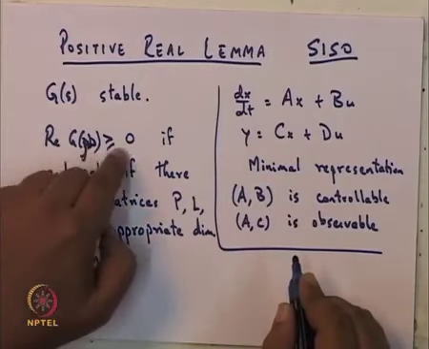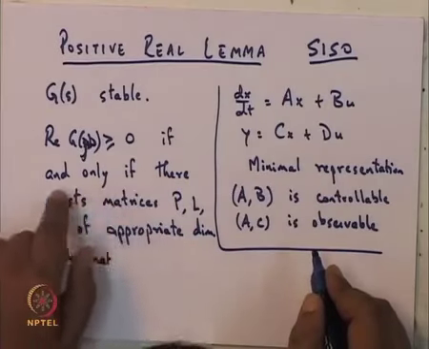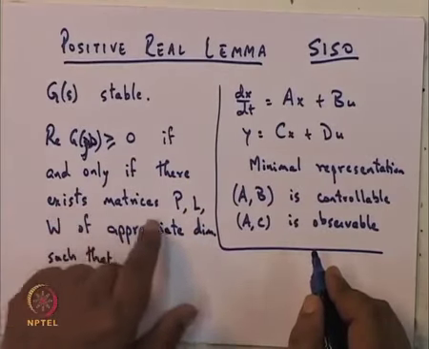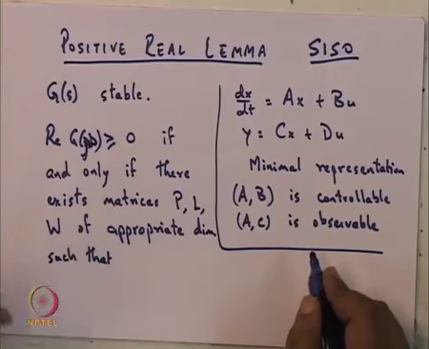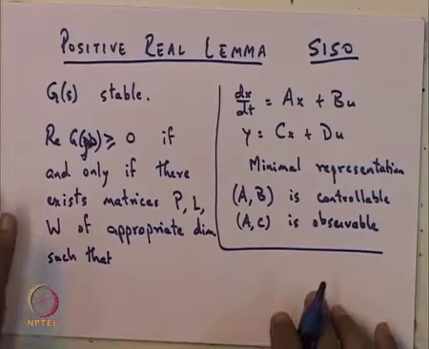That means the Nyquist plot is going to lie in the first and the fourth quadrant, if and only if there exist matrices P, L, W of appropriate dimensions such that the following three equations hold. Okay.